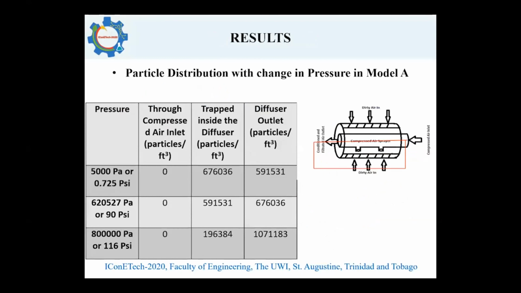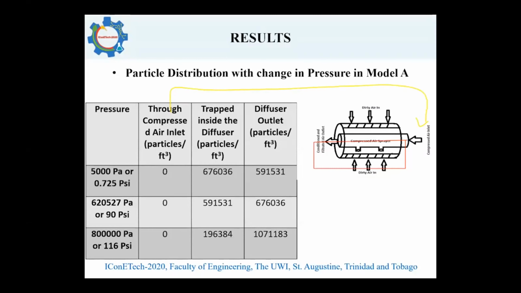This slide shows the particle distribution of Model A, and this column, the compressed air, refers to the particles that are returning back to the compressor. So absolutely no particles are returning back to the compressor in Model A. We can see that there are particles that are trapped in the diffuser because of the filtration capacity, which is normal.